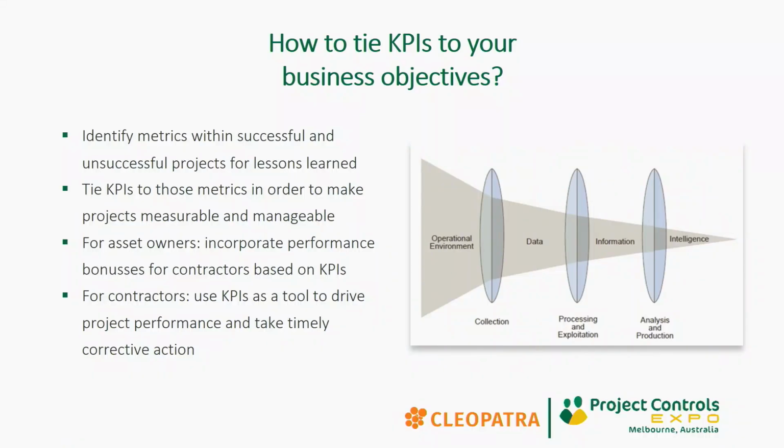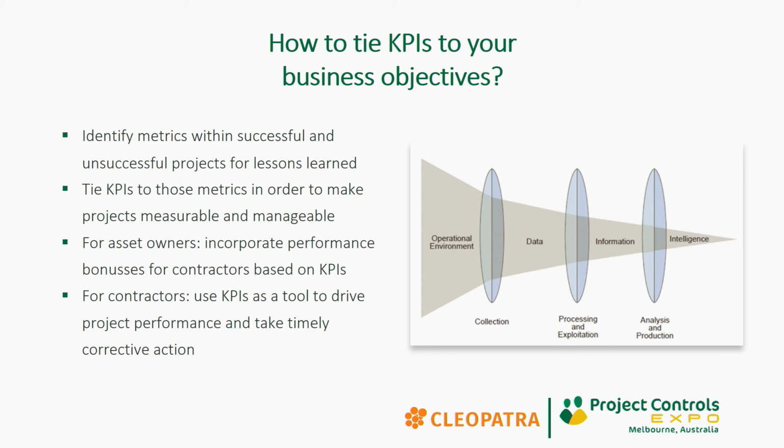For instance, if you know that your CPI is something that you want to focus on, because it's a cost-driven project, this should be something that you're managing specifically. But also the number of hours, looking at the productivity.